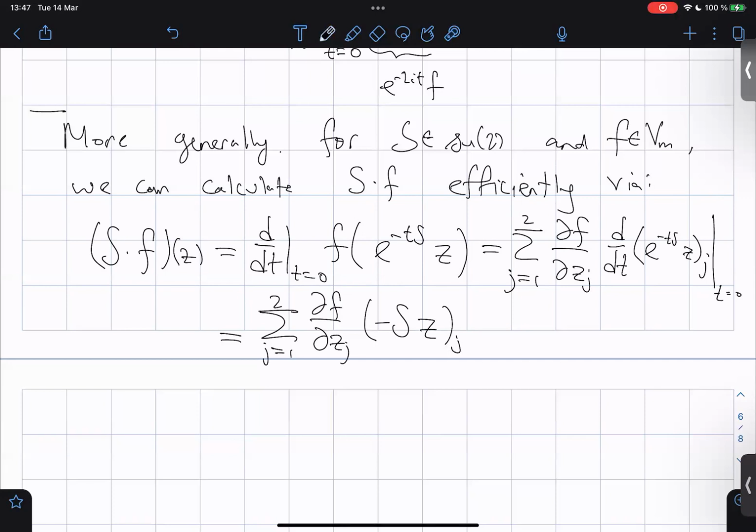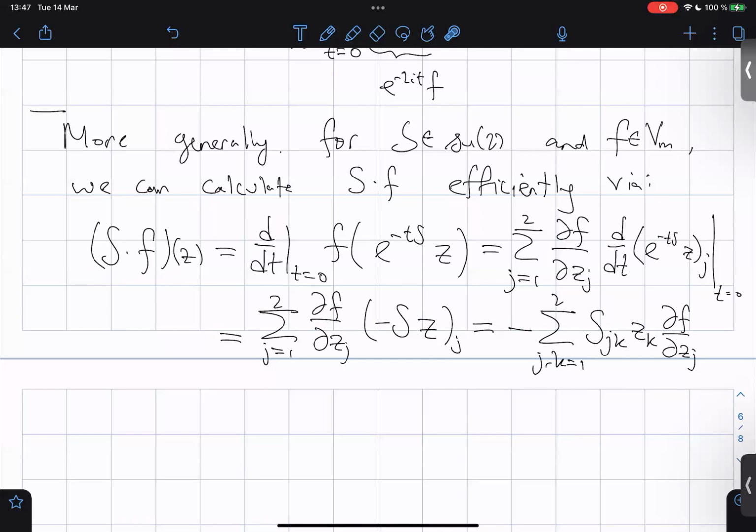So I have this summation, and I can write it out explicitly: S_jk, where j is the row index and k is the column index. I get this direct formula, and I use it to get the action on this input F, given one of these S's.